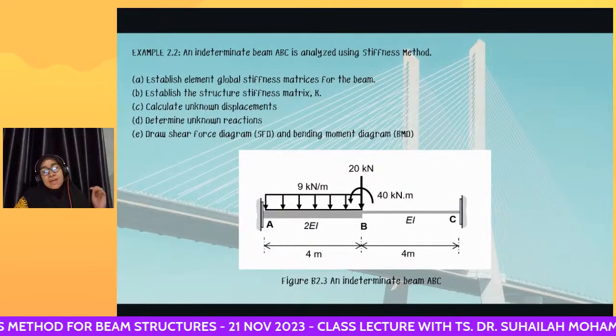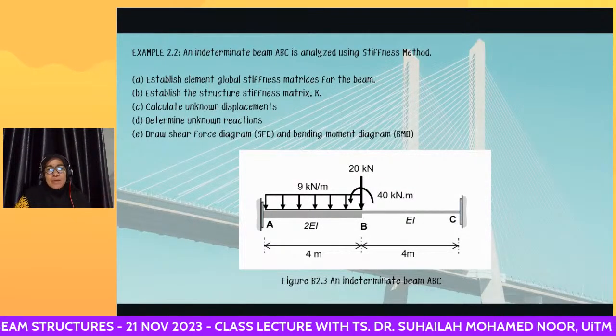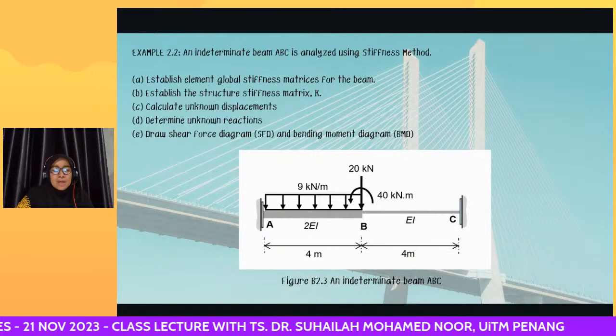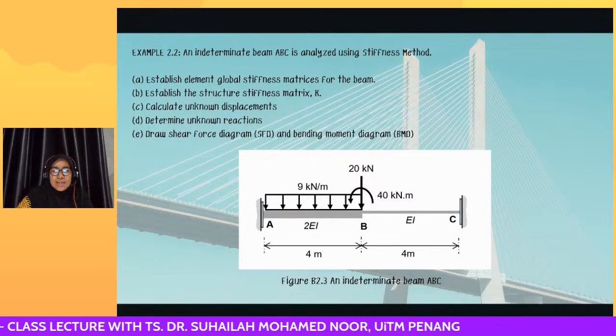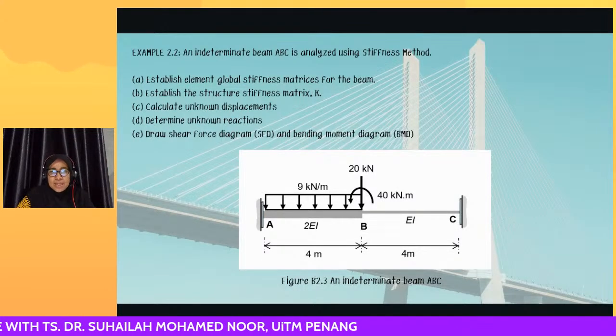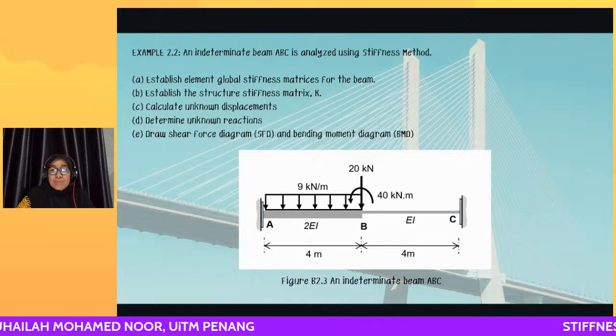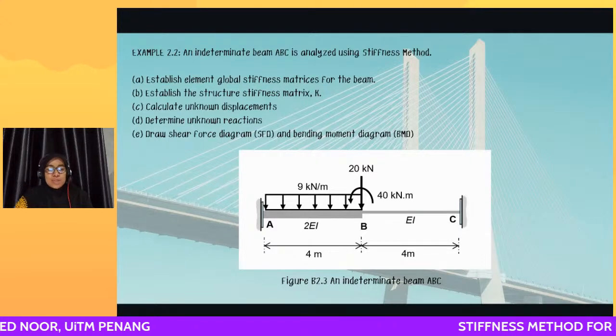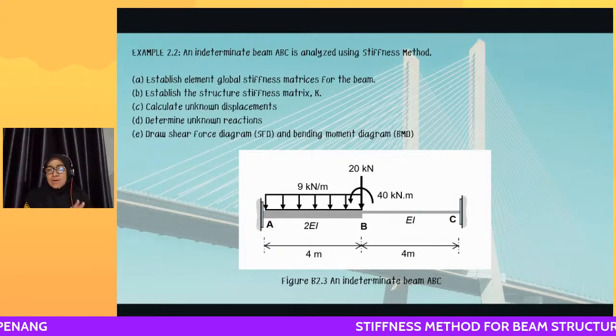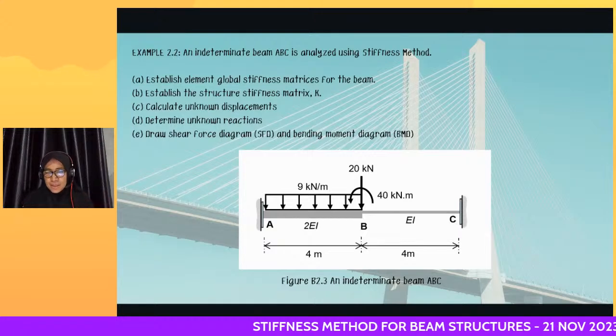This one is quite simple compared to the example discussed, in terms of the degree of freedom positions. Try to do this. Okay, thank you very much. That's all for this session.